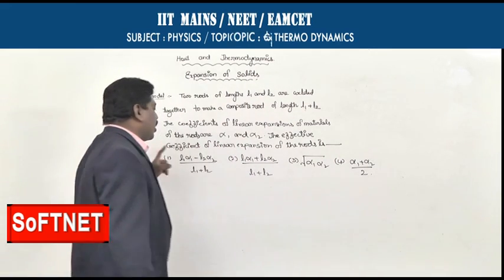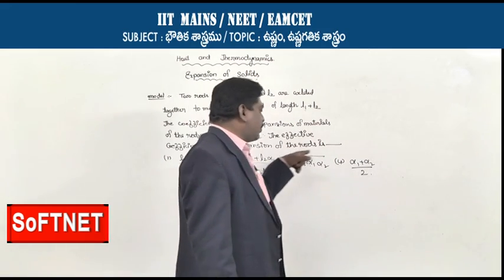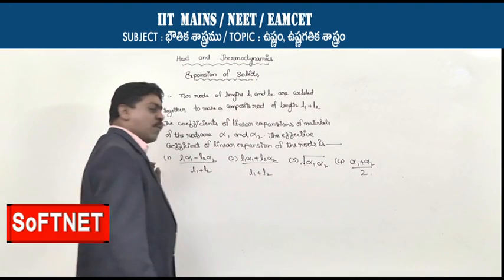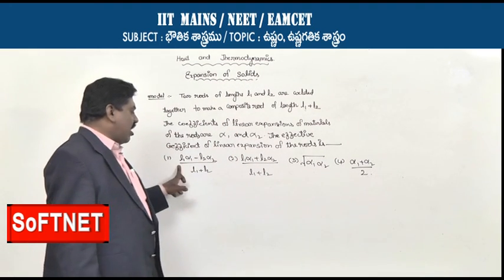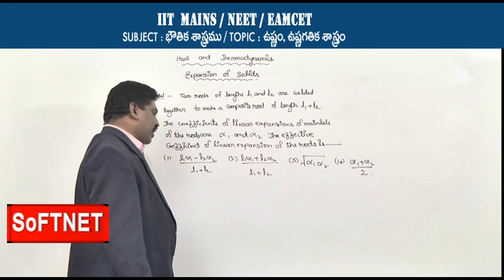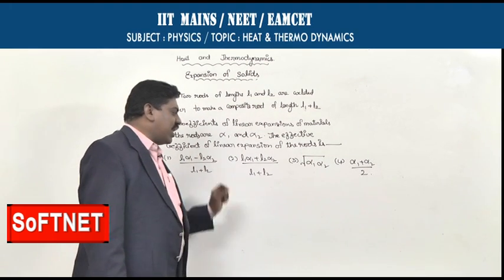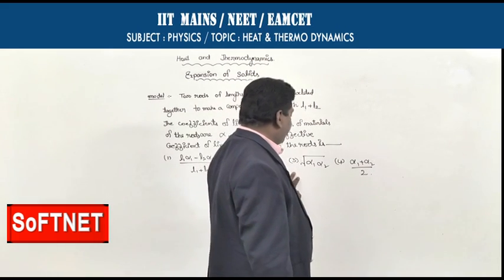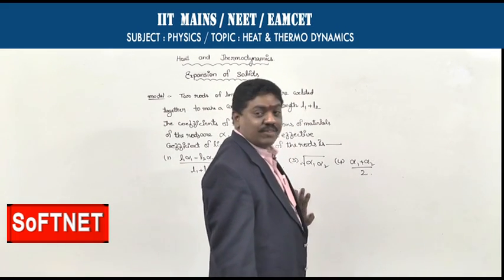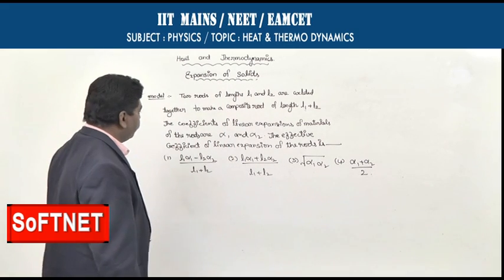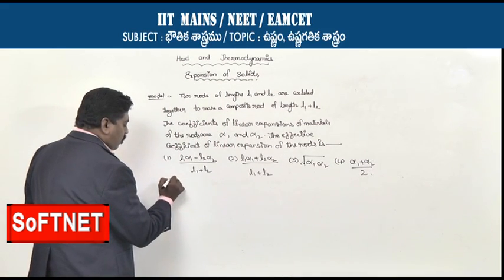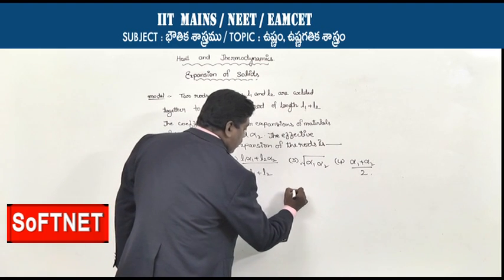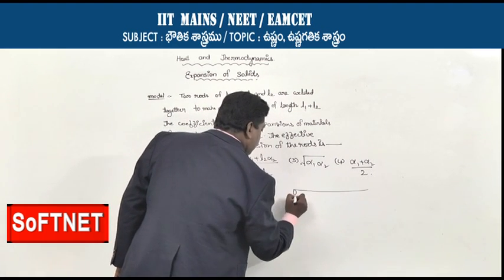The effective coefficient of linear expansion of the rod is, we are given the options as (L1 alpha 1 minus L2 alpha 2) by (L1 plus L2), (L1 alpha 1 plus L2 alpha 2) by (L1 plus L2), square root of alpha 1 alpha 2, and (alpha 1 plus alpha 2) by 2. Okay. Now, we are given that the two rods are welded.